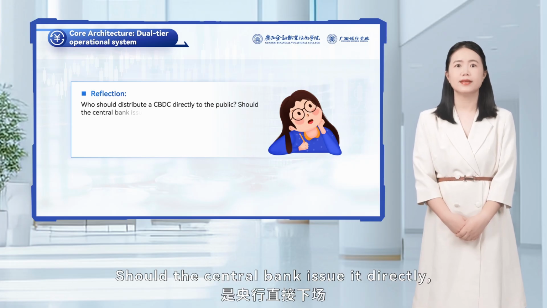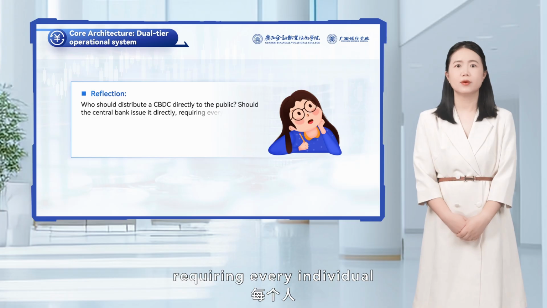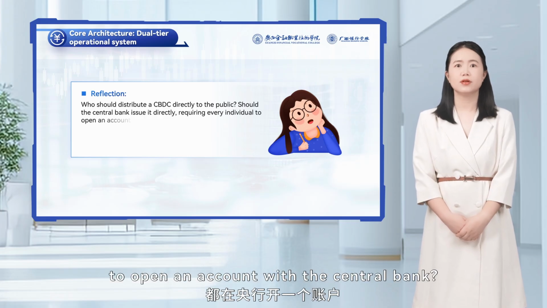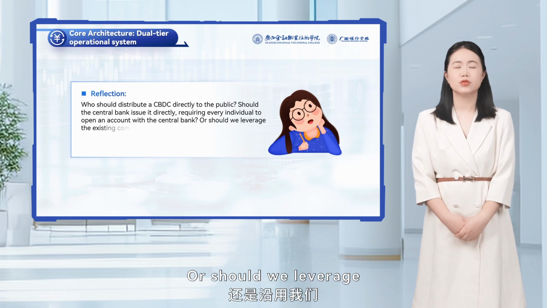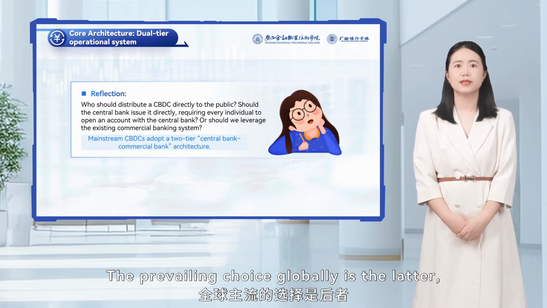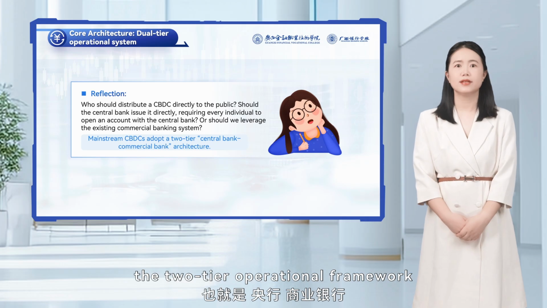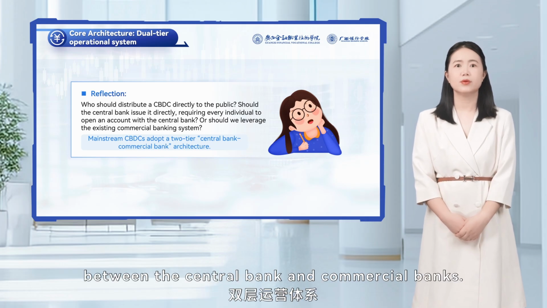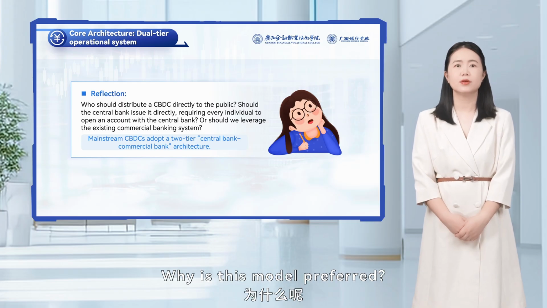Should the central bank issue it directly, requiring every individual to open an account with the central bank? Or should we leverage the existing commercial banking system? The prevailing choice globally is the latter, the two-tier operational framework between the central bank and commercial banks. Why is this model preferred?